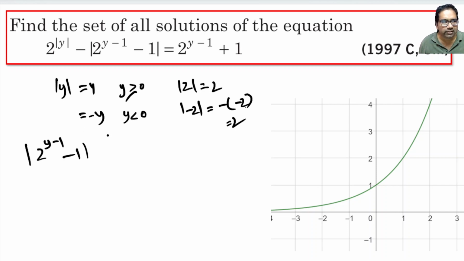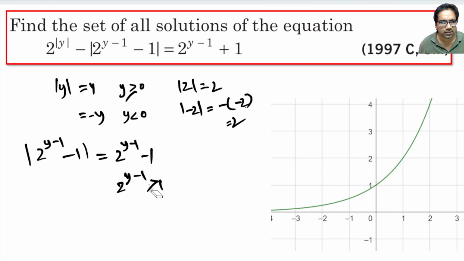Again, this will be equal to 2 power y minus 1 if this thing is greater than or equal to 0. If 2 power y minus 1 is greater than or equal to 0, what does that mean? 2 power y is greater than or equal to 1.